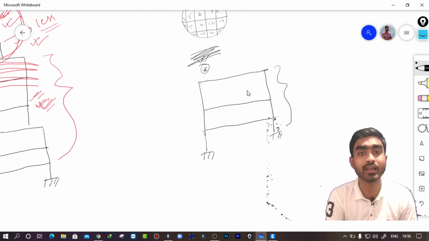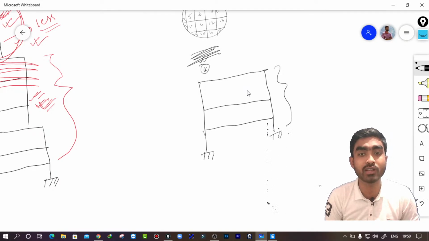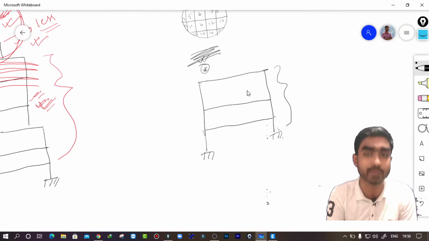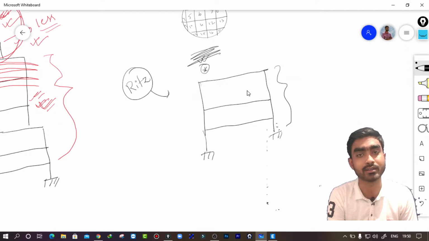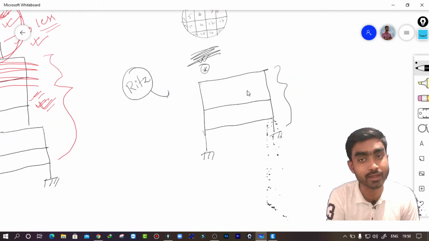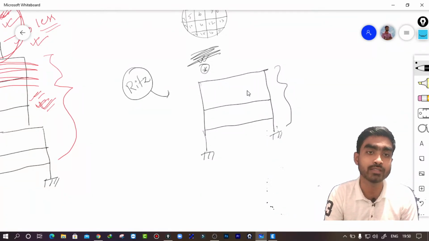So the eigenvector analysis is not able to differentiate between these two movements. So if you are getting very little mass participation, try Ritz vector analysis in ETABS, and I'm damn sure you will get a perfect result. And if you are still not getting a perfect result, that means there is a big problem in your structure, and you should find it out.